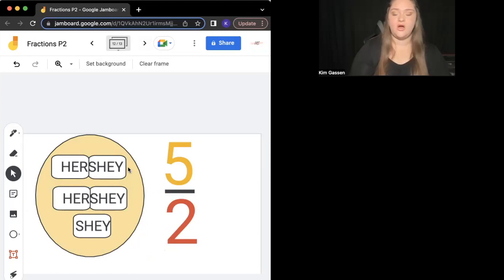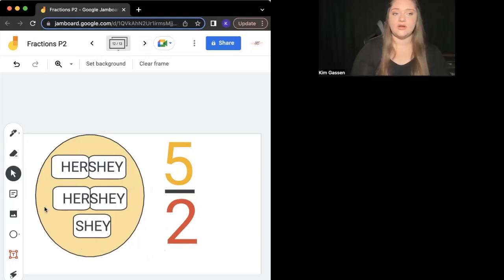This becomes our numerator. So we have 1 half, 2 halves, 3 halves, and 4 halves, all from our whole numbers, from our 2 candy bars. And then we add the half we already had.